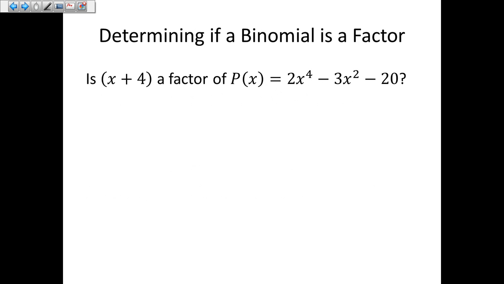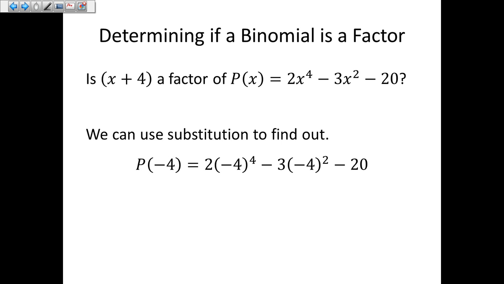Now I can use this to determine if a binomial is a factor. All I need to do is plug in the number opposite the number with the x to see if it's a factor. So here I'm going to determine what is p of negative 4, because that's opposite the number that's with the x. Always plug in the opposite of the number.